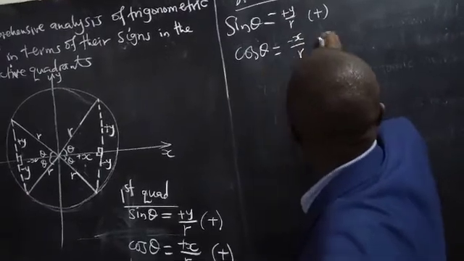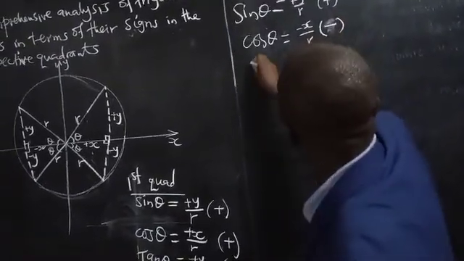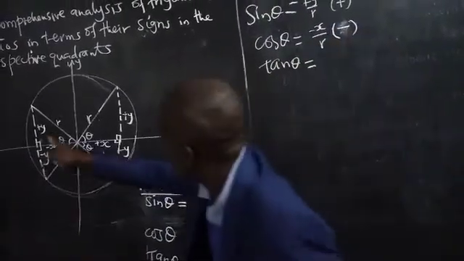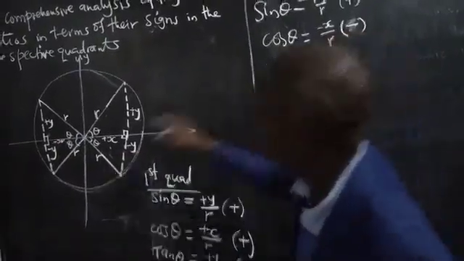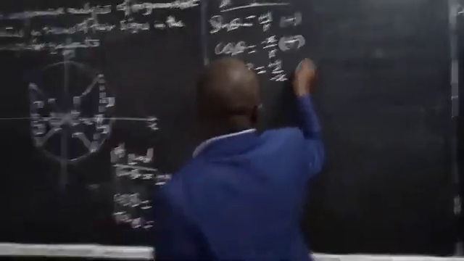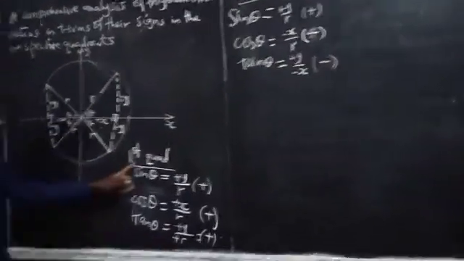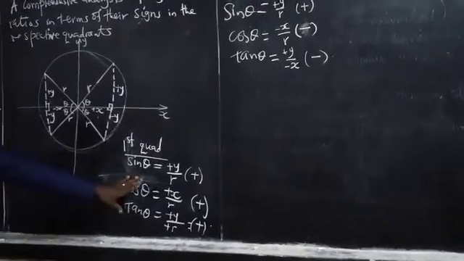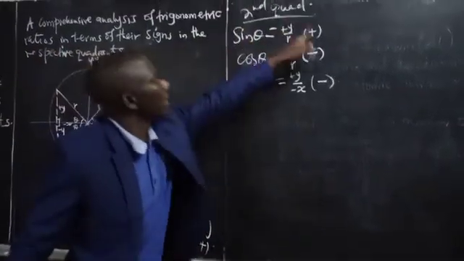A negative out of a positive is a negative. What is tan theta? Opposite over adjacent, a plus y out of a minus x, which gives us a minus. What do you realize? In the first quadrant, sine, cos, and tan are positive, all three. In the second quadrant, it's only sine that is positive.